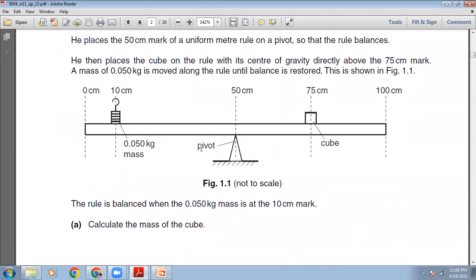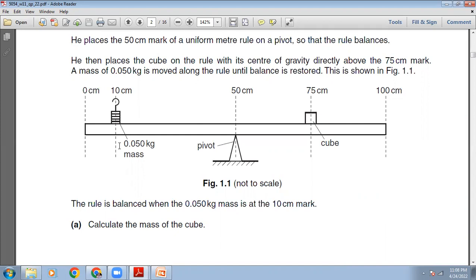So here we have a rod, and in the center of the rod we have put a pivot. Here we have put a cube which is at the 75 centimeter mark. The pivot is at the 50 centimeter mark. The distance between them will be 25 centimeter. Here we have placed a mass, and its mass we know is 0.050 kg, and it is at the mark of 10 centimeter.